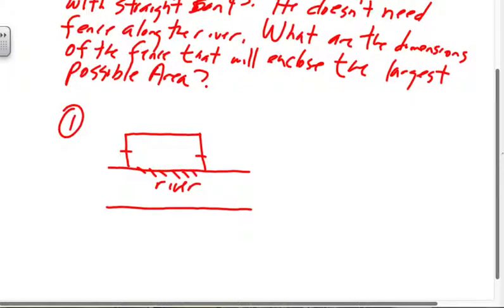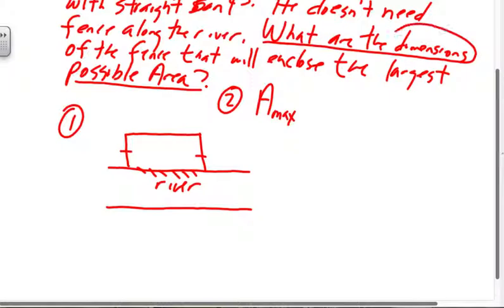Okay, so the next thing is to figure out what we're trying to find. So we need the area, we need a maximum area. That's what we're trying to find. Right? Actually, no. As you come back in, it says what are the dimensions.